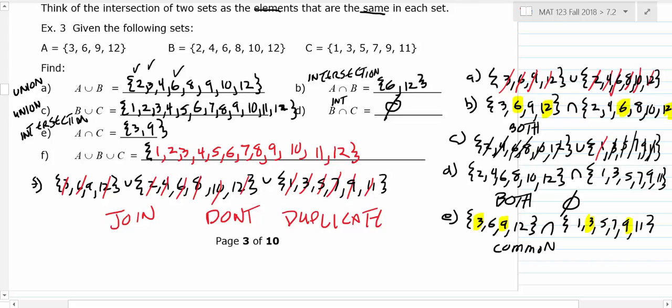Okay, so what you need is to know the language, what the union symbol is, what it means, what the intersection symbol is, what it means, and a strategy for putting things together. I kind of do highlighting on intersection, and then I just scratch stuff out when I'm doing union. Okay, that's how I do that.